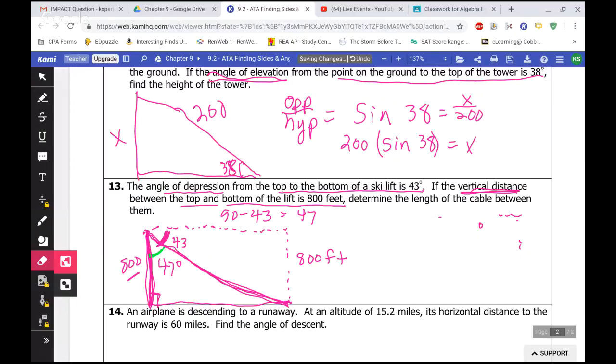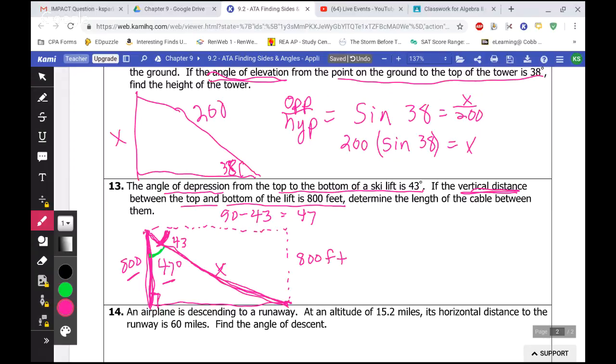Because that way I don't have to do any subtraction, et cetera. What we're looking for is the length of this cable. So I'm going to use this angle. You could use the 47, but you would be using a different trig ratio.